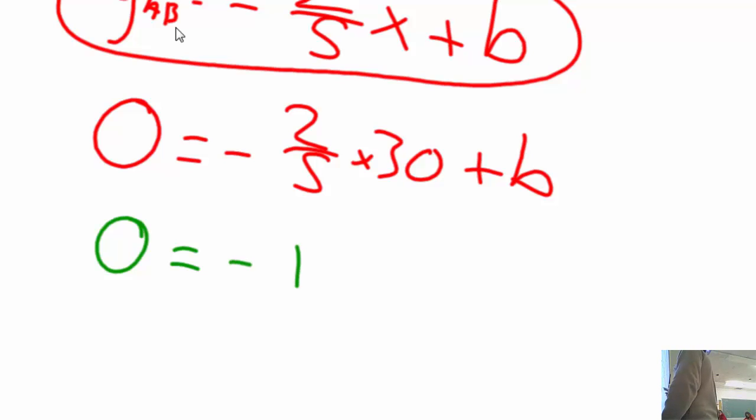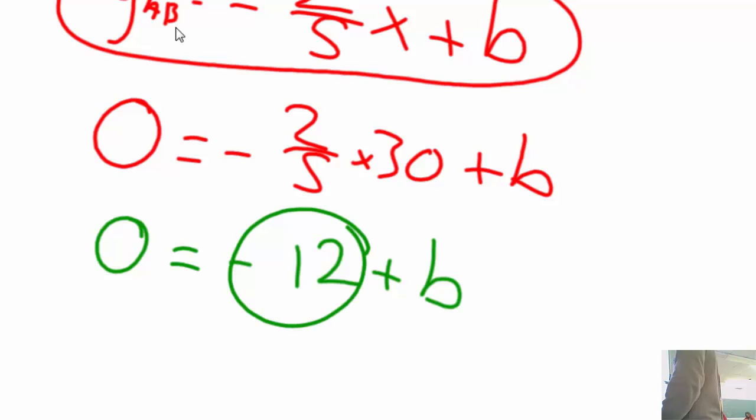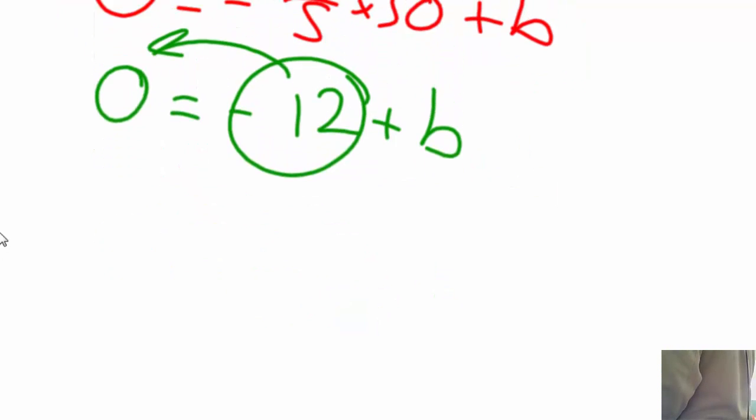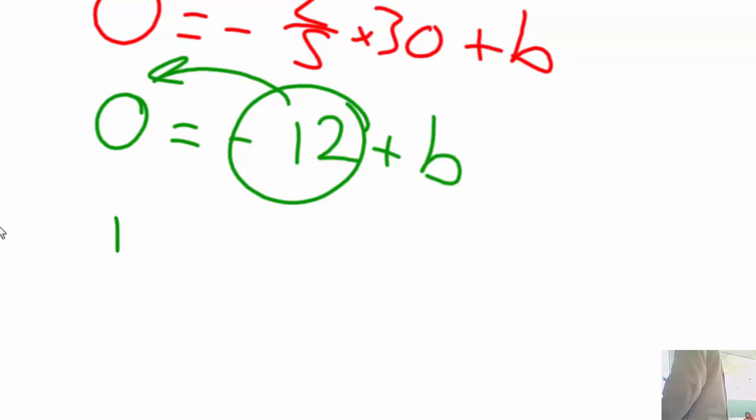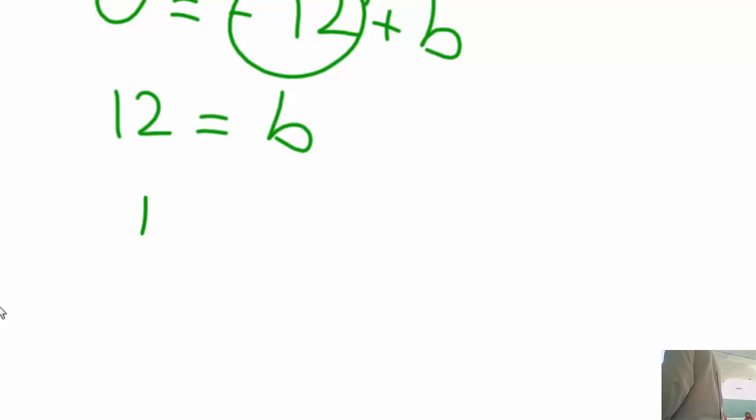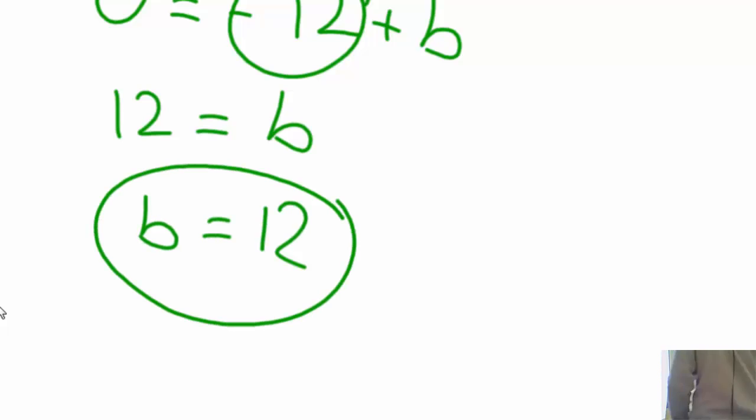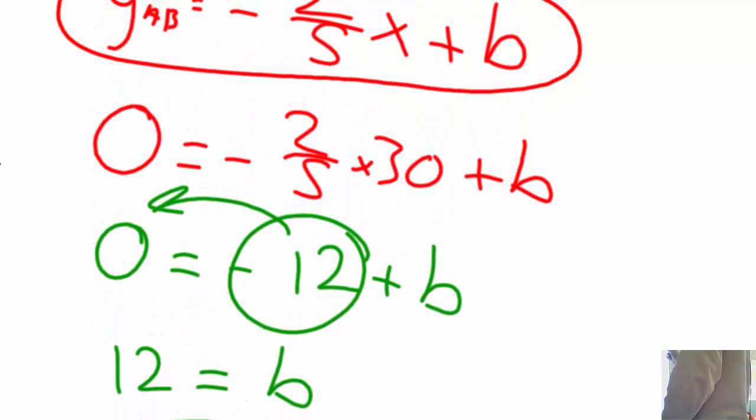Minus 12 plus b. I can send this number to the other side, but when I do that, I also have to change the sign. So it will be 12 equals b. In other words, b equals 12. So now I know the b.